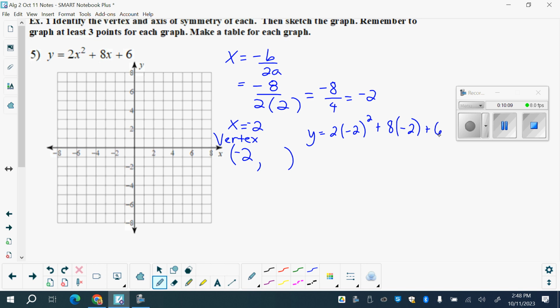So now when we're simplifying this, what do we do first? Do we do the multiplication here, or do we do the exponent first? Exponent. PEMDAS, order of operations. So we want to do the exponent first. This would give us 2 times positive 4, or 8. And what is that going to give us for an answer?